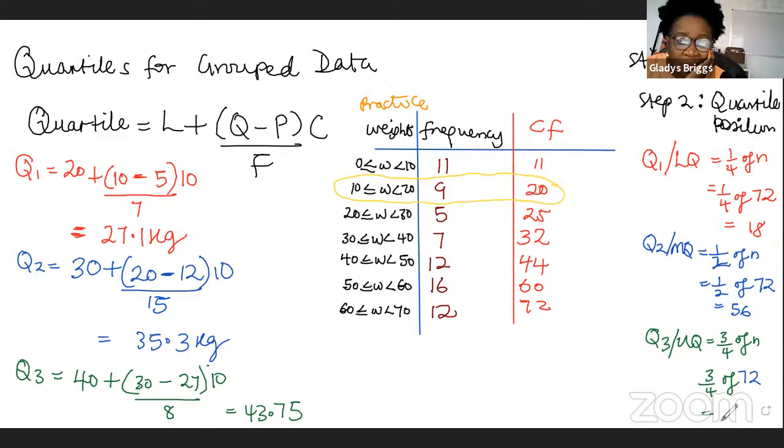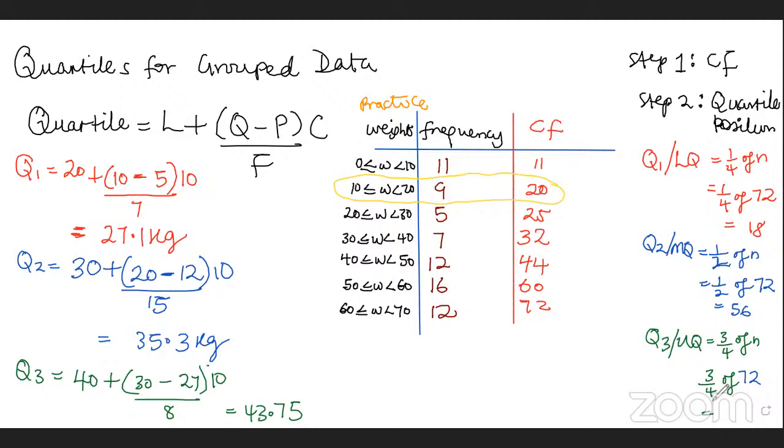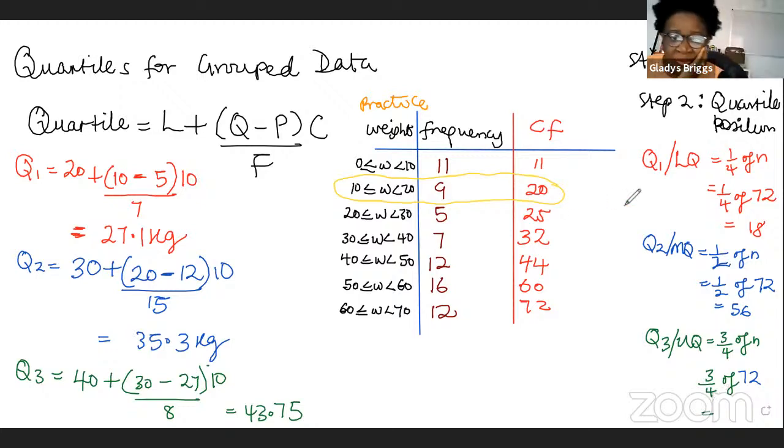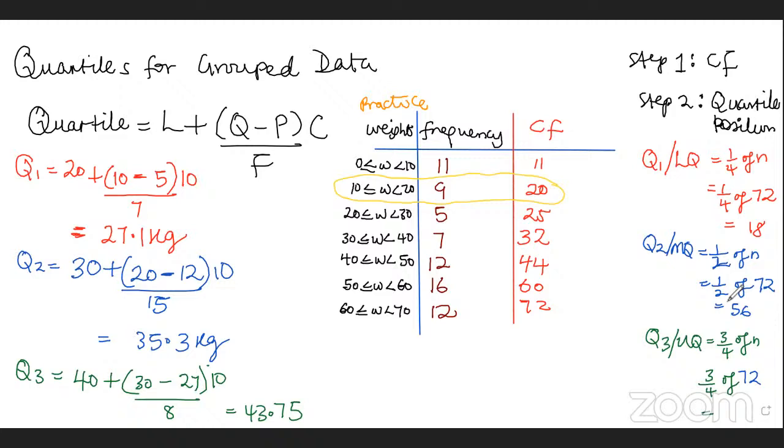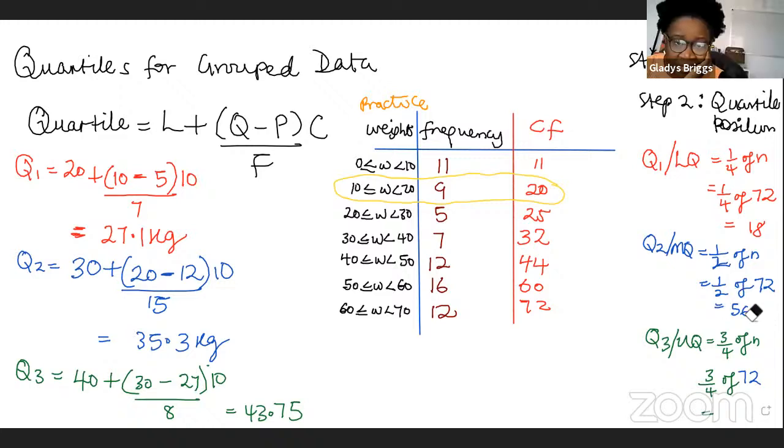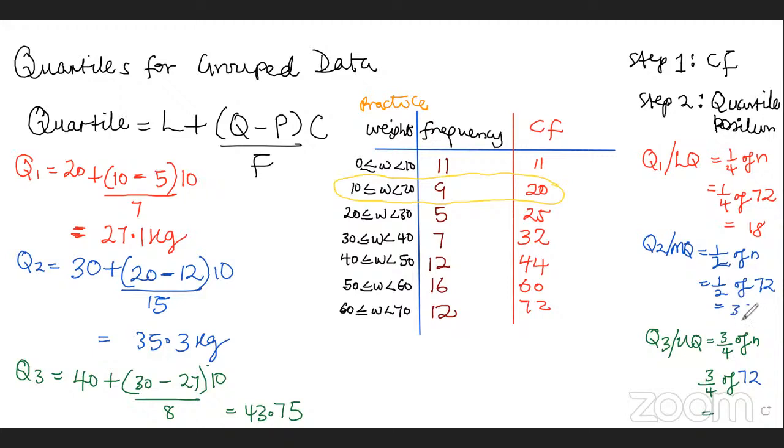54 or 64? 54. Why is it 54? 1/2 of 72 can't be 54. Here, 72 divided by 2 is 36. Yes, it's 36. You read it wrong.